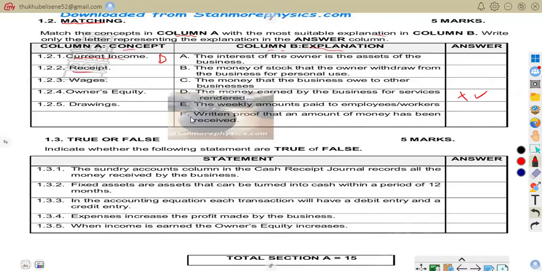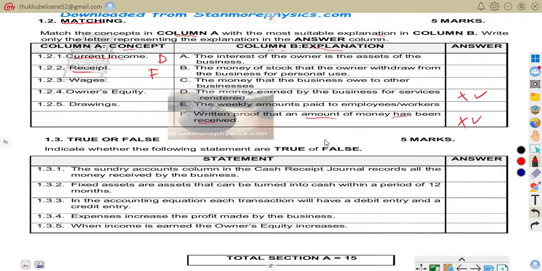1.22, receipt. Now we go through the explanations to find the one that matches this concept, receipt. As you go through them bit by bit, you can see that F is the correct answer. A receipt is written proof that an amount of money has been received.